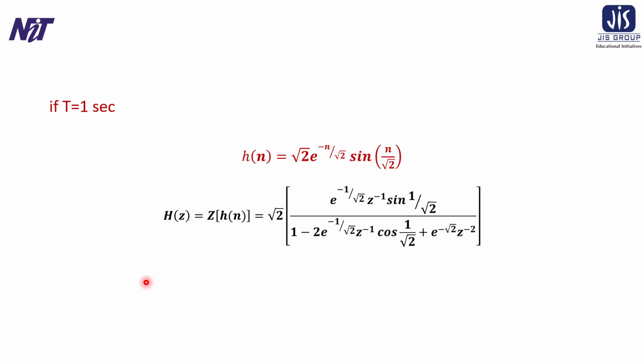Now if I replace the values of the e to the power, sine and cos terms, it becomes H(z) equals 0.453 z to the power minus 1 whole divided by 1 minus 0.7497 z to the power minus 1 plus 0.2432 z to the power minus 2.